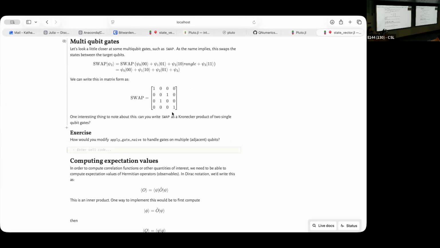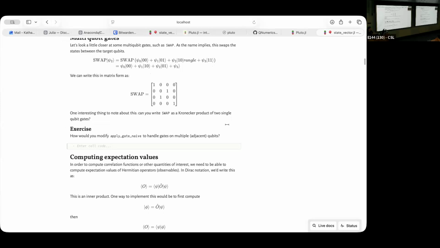And you can also see, if I read out its full matrix representation here, that this is not diagonal and it mixes these two channels, 1,0 and 0,1. One interesting thing about this is you can ask yourself, is it possible to write SWAP as a Kronecker product of two single qubit gates? I'm kind of giving the game away here with Betteridge's law of headlines.